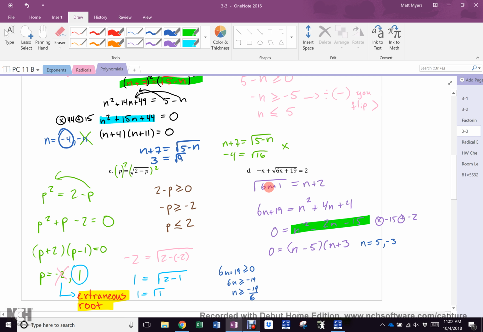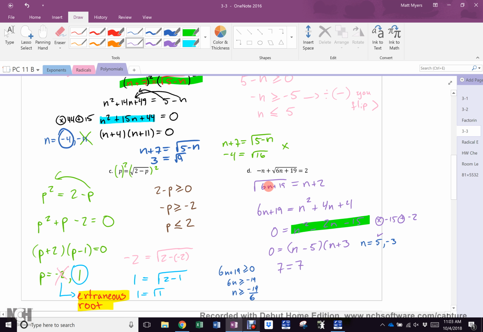Let's check. Can we do it in our head? What's 6 times 5? 30. Plus 19. What's 30 plus 19? 49. What's the square root of 49? 7. What's n plus 2 with n as 5? 7. Does 7 equal 7? So is 5 okay? Yep, it's good.